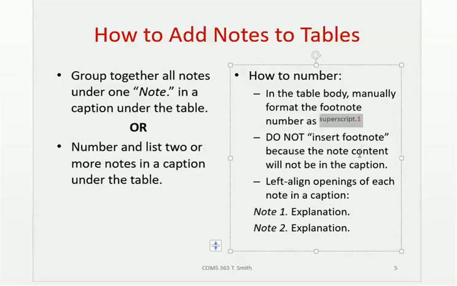So that will happen to the number if you change its font. And do not insert it as a footnote because, of course, the content of the footnote, the explanation of it, will end up at the bottom of the page when you want the explanation to be in the caption. And, of course, you're going to left align the openings of each note, italicizing them, underneath your table.